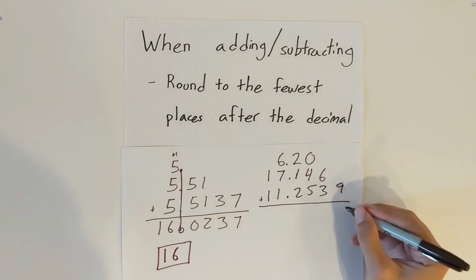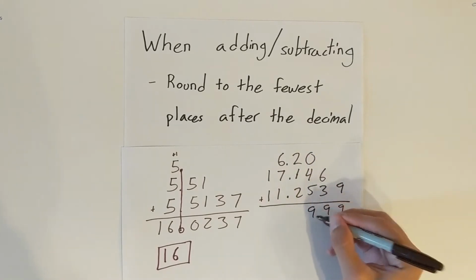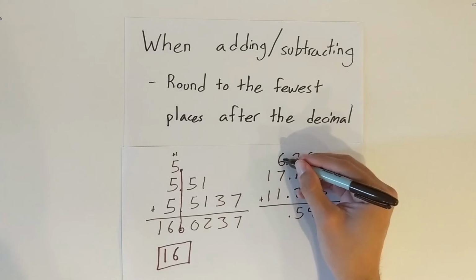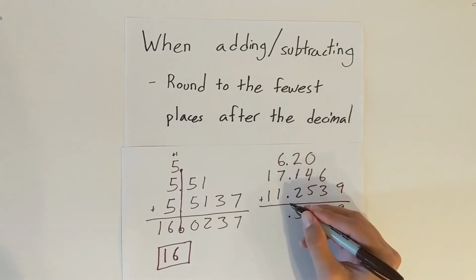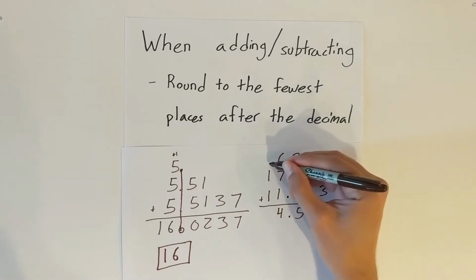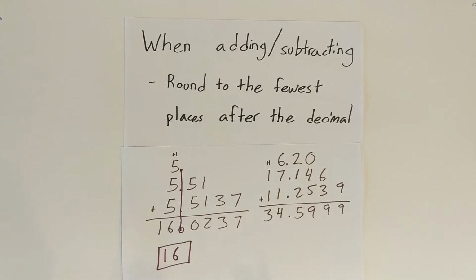Again, adding is easy, you just go straight down. 9, 6 plus 3 is 9, 4 plus 5, 9, 2 plus 1 plus 2, 5, 6 plus 7 plus 1 would be 14, carry the 1 over here. So it'd be 34.5999. But again, I got to use the precision of my least precise number.